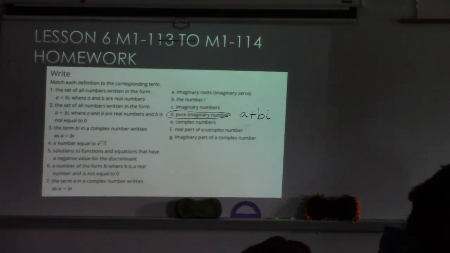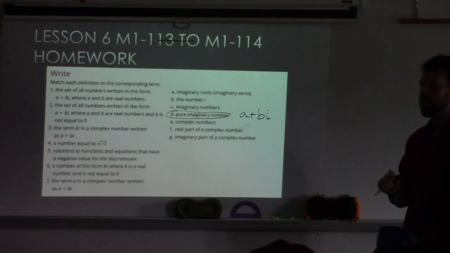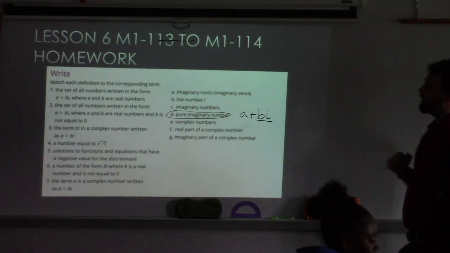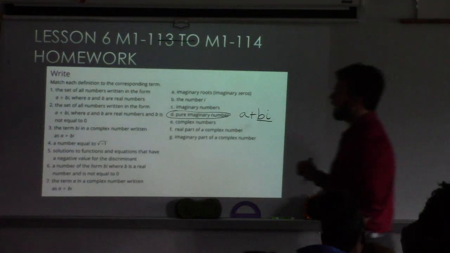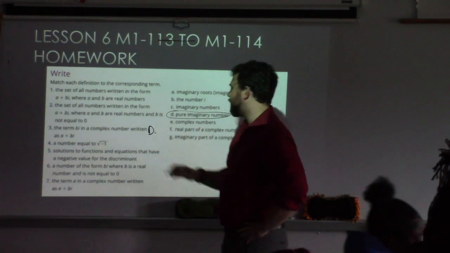Which part of that complex number is the imaginary part? Not just the i, but bi. Does anyone see any of the numbers that deal with bi? Three. The term bi in a complex number written as a plus bi is the pure imaginary number.